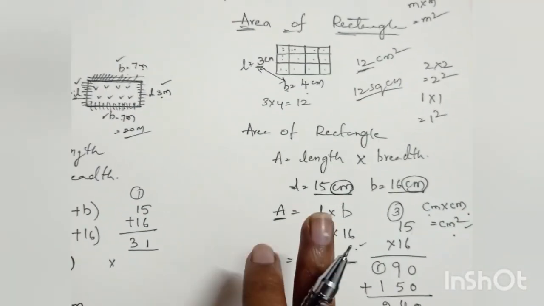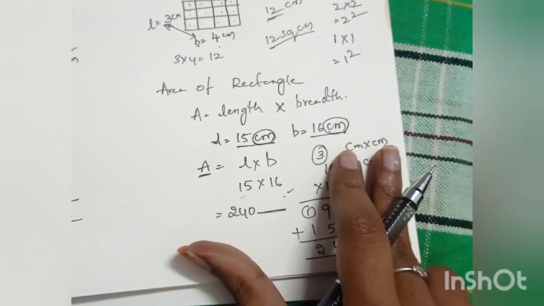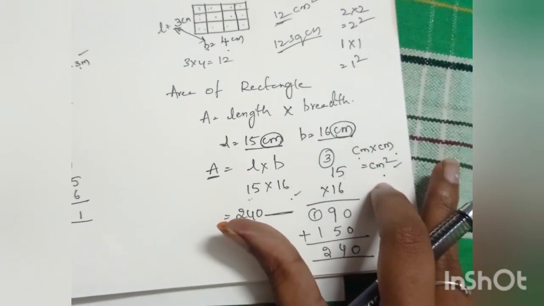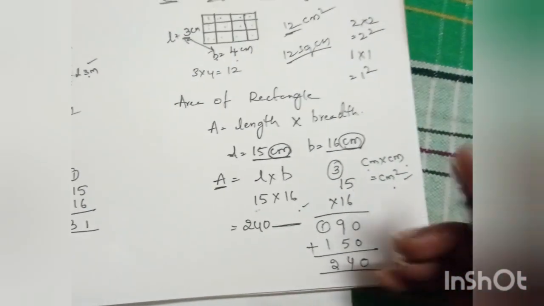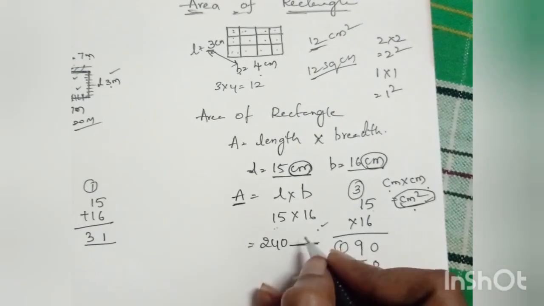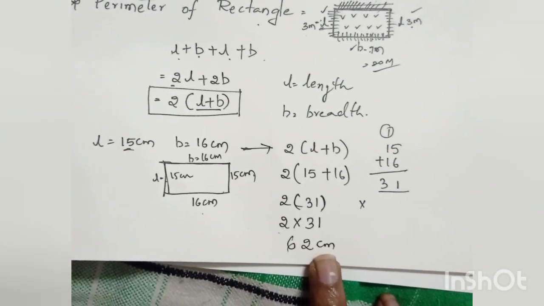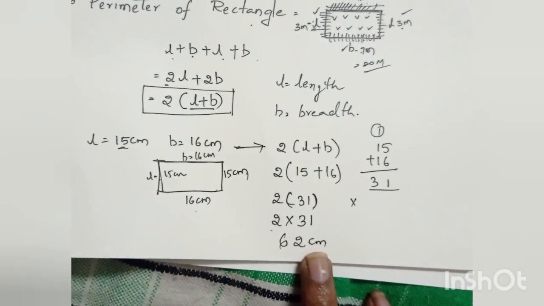So whatever you multiply with the same unit two times, you will get it in a square. So here the answer is 240 centimeter square. You may get the doubt why we have centimeter here, why we are not getting centimeter square.